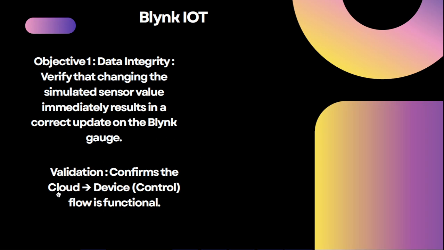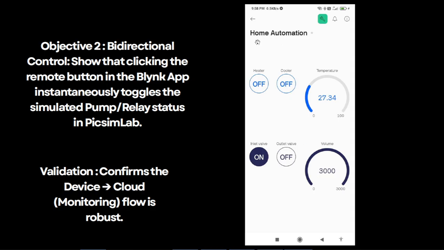We also tested the cloud to device control flow, which is a function that confirms this logic. And this is the screen of my mobile phone where I have created these buttons in the Blynk IoT app to control my whole process. So I will show the whole live demonstration of this project now.